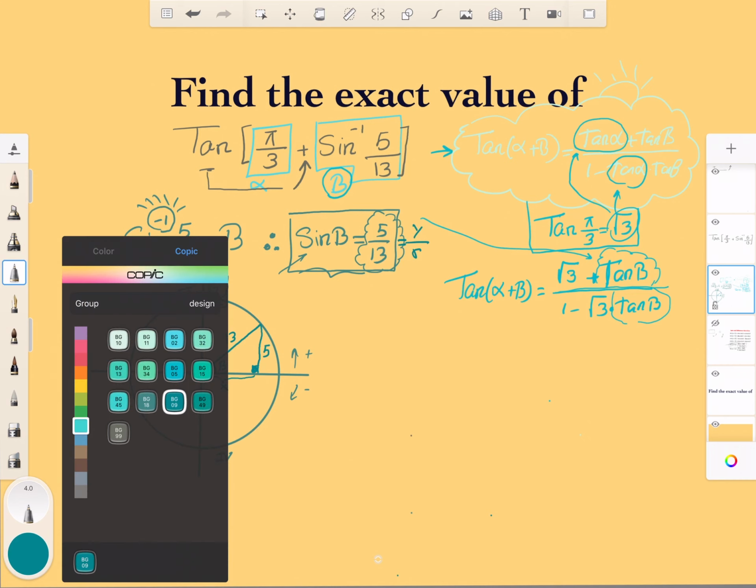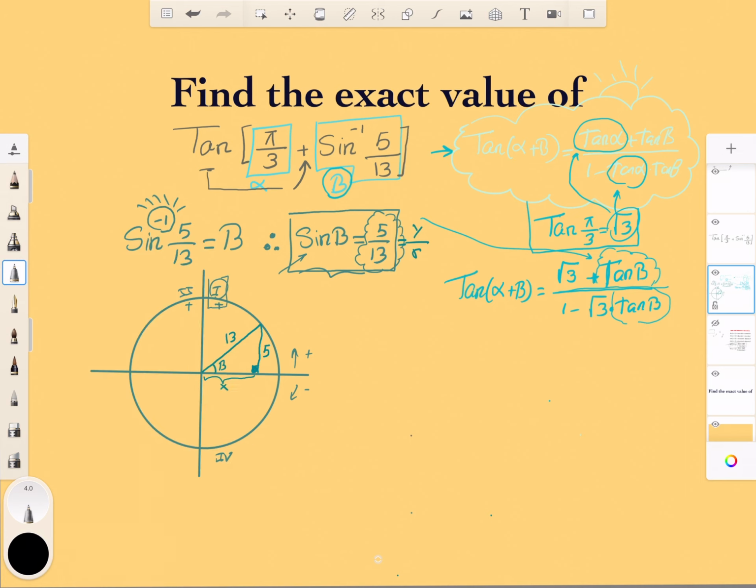By applying the Pythagorean theorem, we know x squared plus 5 squared equals 13 squared, x squared plus 25 equals 169, x squared equals 169 minus 25 equals 144.